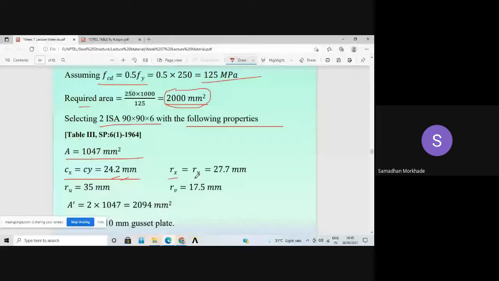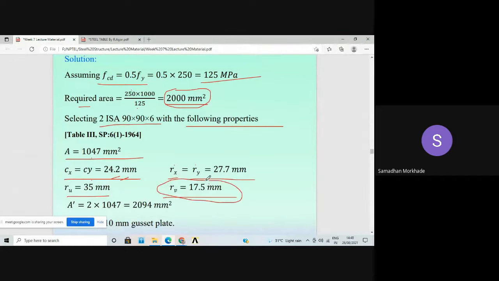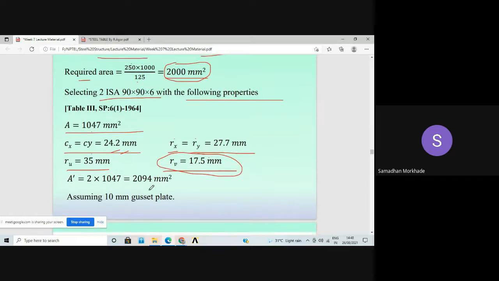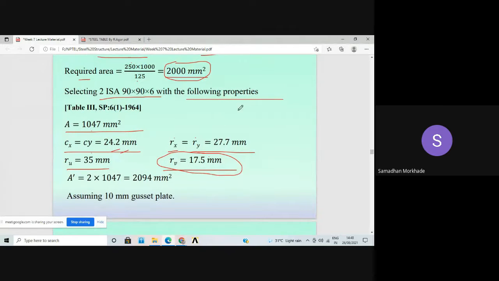RXX is equal to RYY, 27.2, RUU is 35, and RVV is 17.5. See here, RXX, RYY, RUU, RVV, and in single angle sections, RVV is minimum. Now these are the properties for the single angle.